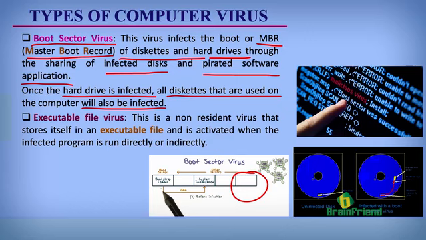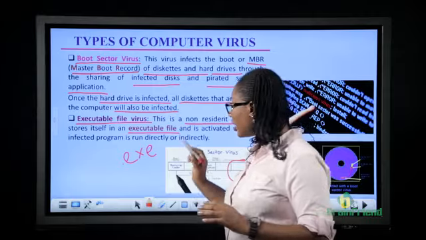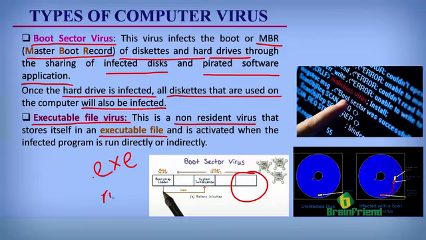The second type of computer virus is the executable file virus. This is a non-resident virus that stores itself in an executable file. There are some pop-ups that we see on our system, and we see .exe. That's an executable file. It will ask you if you want to run the program. So you click on run, and then it runs on your system.